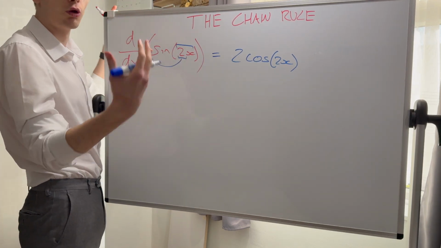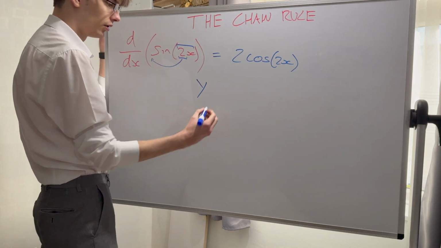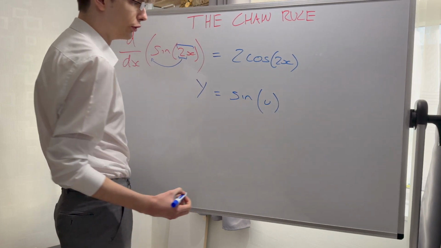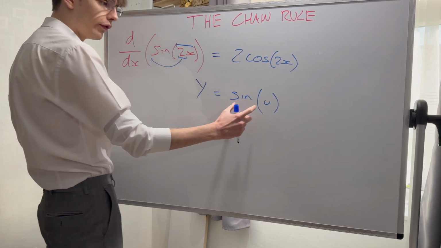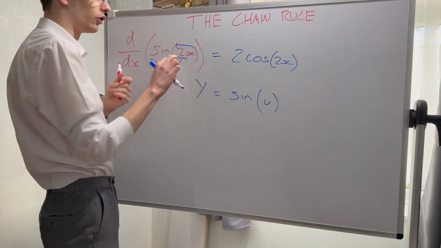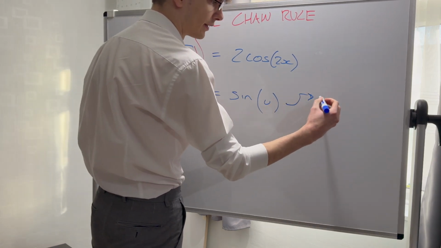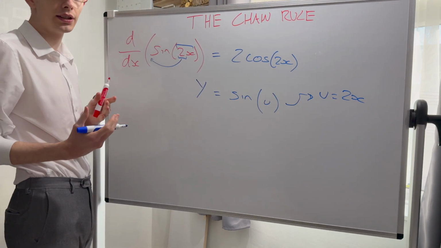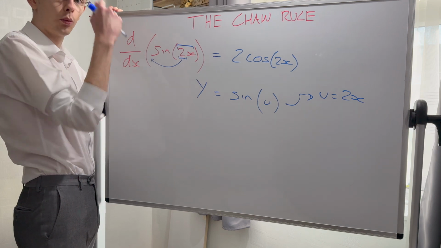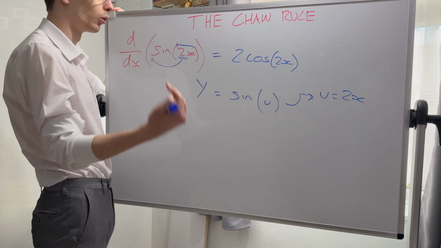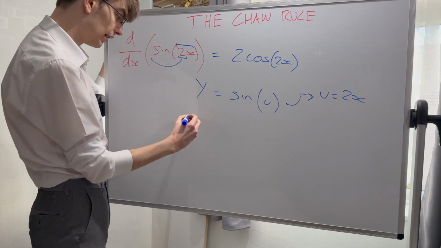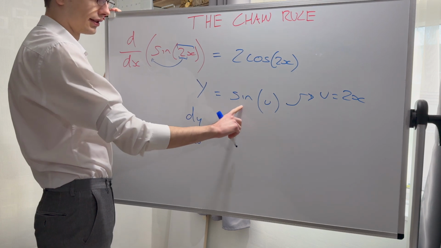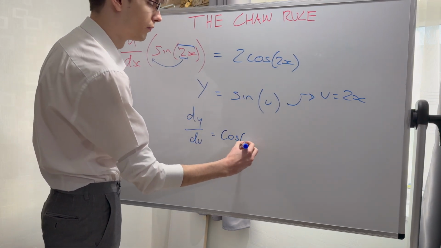And the way we formally write this in the chain rule is we say we have y is equal to sine of u. So we have one function defined and then the other function is just replaced with u. So in this case, we have u is 2x. And the chain rule tells us that in order to differentiate this, we need to take two derivatives and multiply them together. One is the derivative dy by du, which is, of course, just cos u.